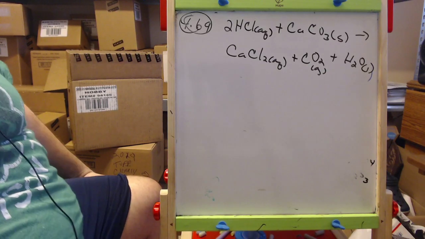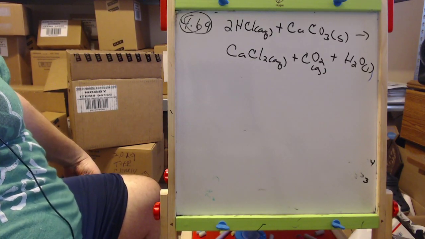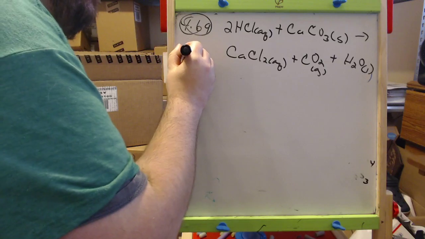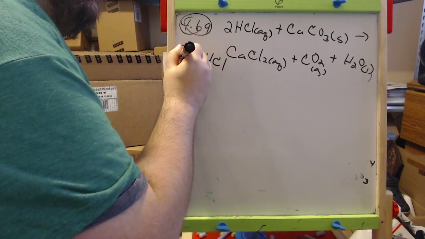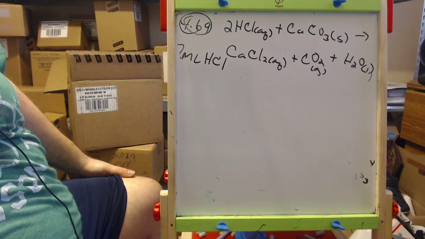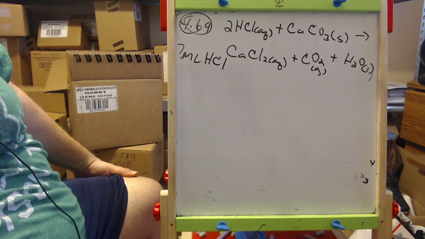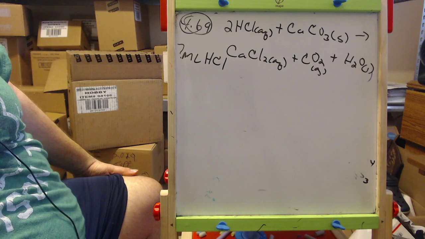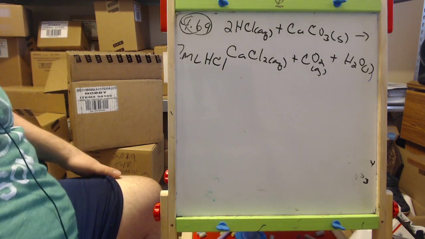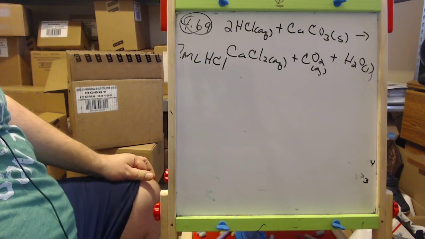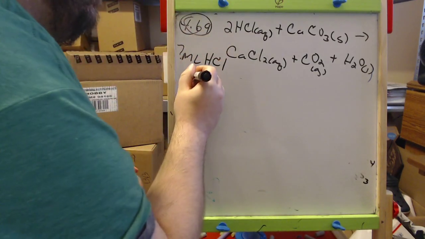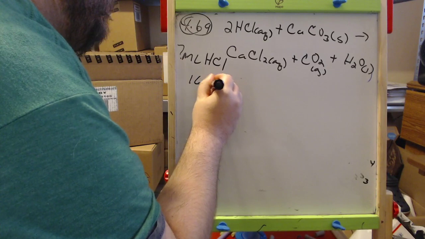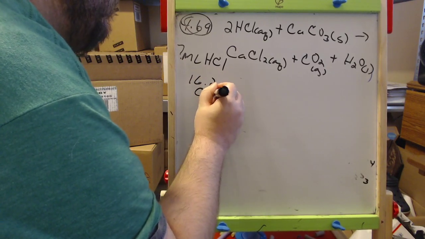All right. Now the question says how many milliliters of HCl, so they want to know milliliters of HCl are needed to react with 16.2 grams of calcium carbonate. So they give us 16.2 grams of calcium carbonate.